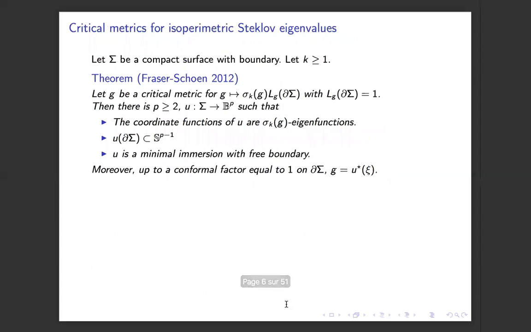Okay, so why are we interested in these Steklov eigenvalues? It's because if we look for critical metrics for Steklov eigenvalues, so g is a critical metric in this theorem with fixed boundary length equal to 1, then there is some integer k and a map u into R^p, and into a ball a posteriori, such that the coordinate functions of u are eigenfunctions associated to the kth Steklov eigenvalue here, and the boundary is sent into a sphere by the map.